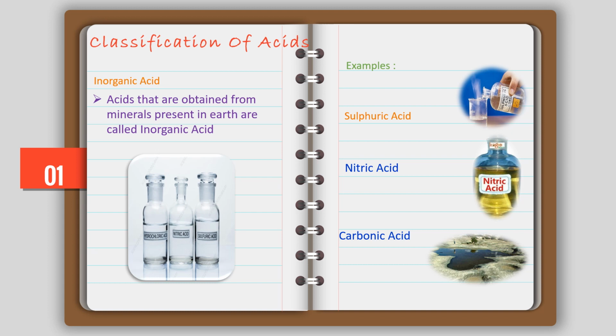Inorganic acids are those acids which are obtained from minerals present in earth. For example, sulfuric acid, nitric acid and carbonic acid.